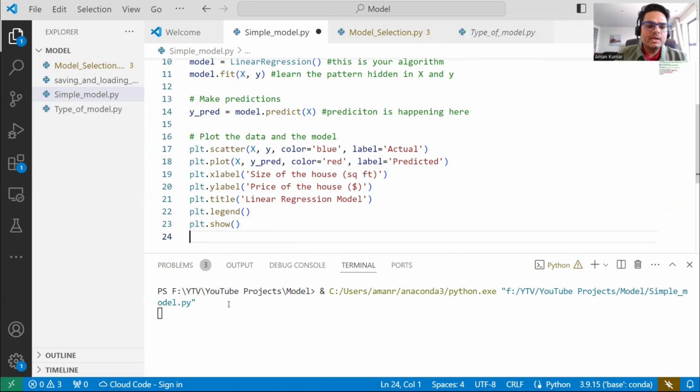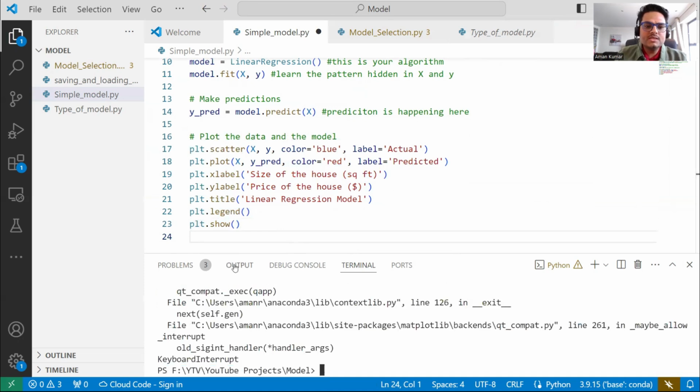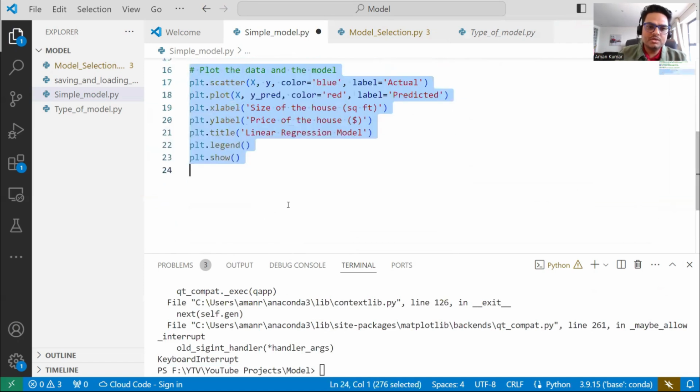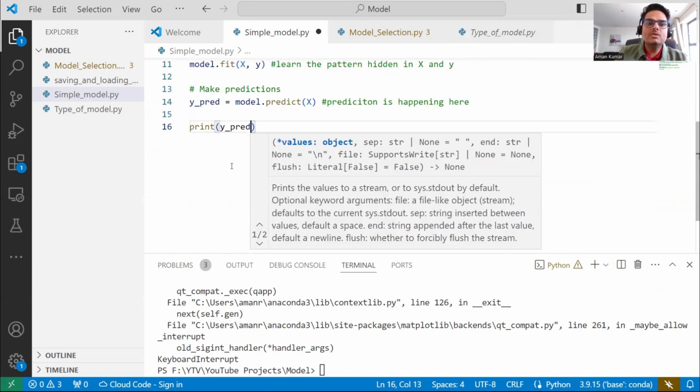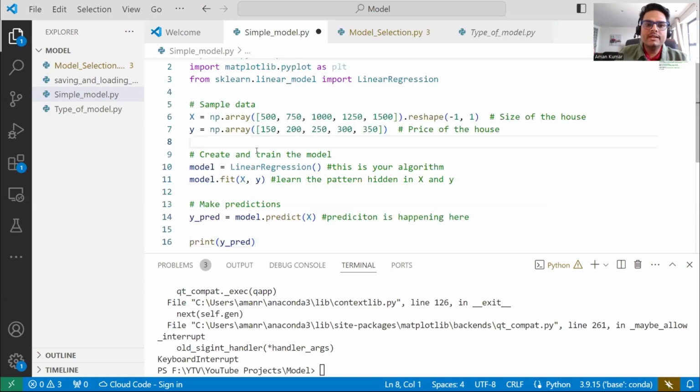So what I'm going to do now is stop this and show you y pred. Let me remove this part for some time. y pred will be exactly the same as what is there on the top, and that is the reason you will see that it is always on the same line.